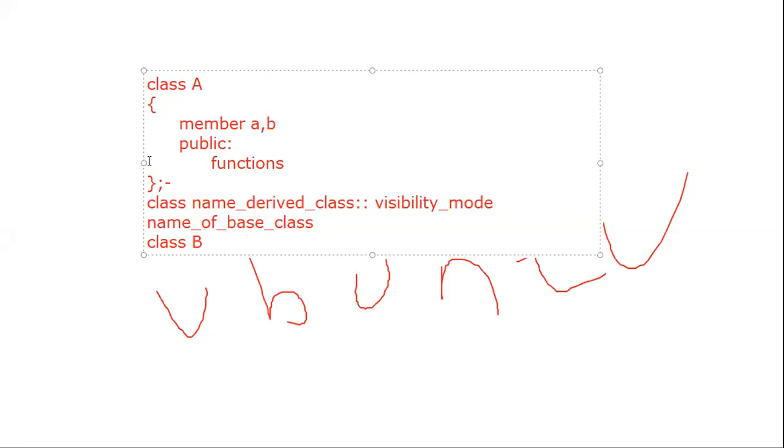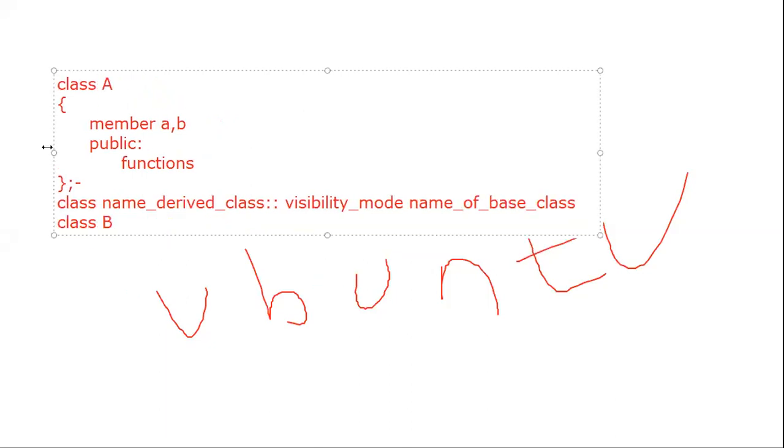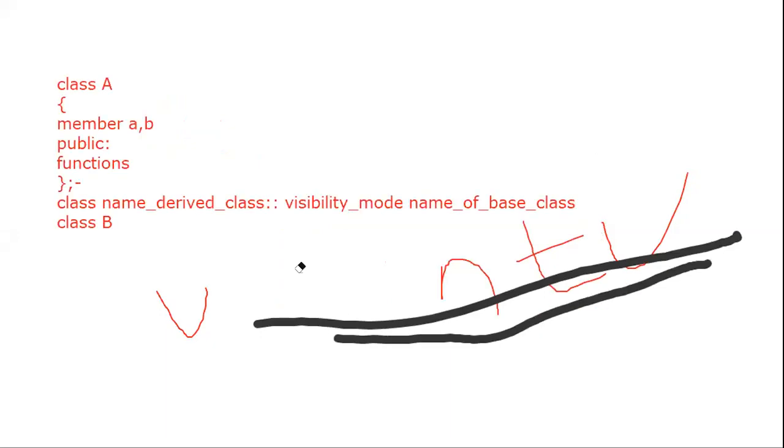Okay, so this is the syntax in which manner you are going to access some member functions and features from the base class. Guys, don't write anything on the screen.